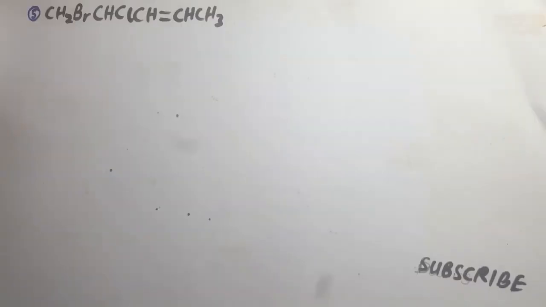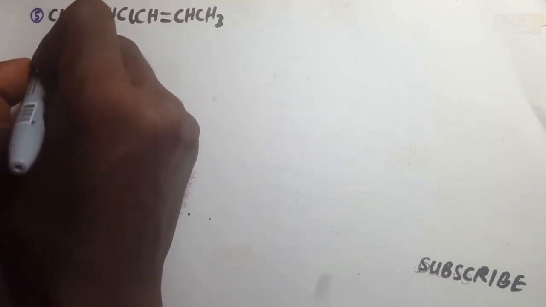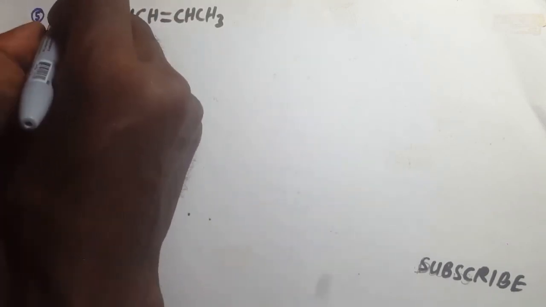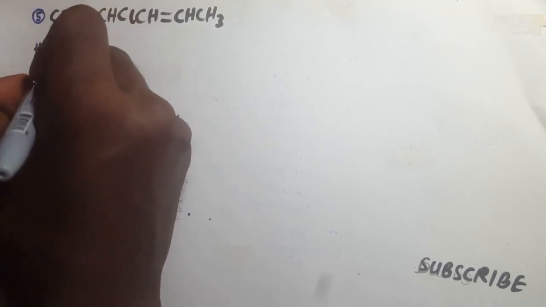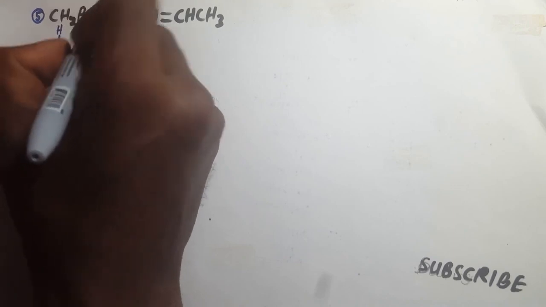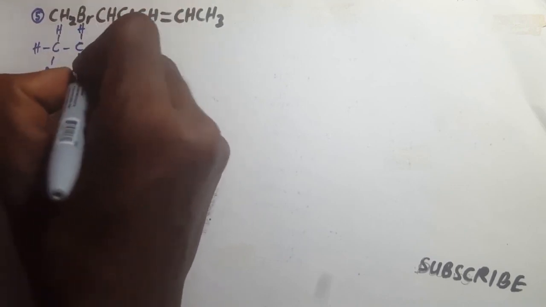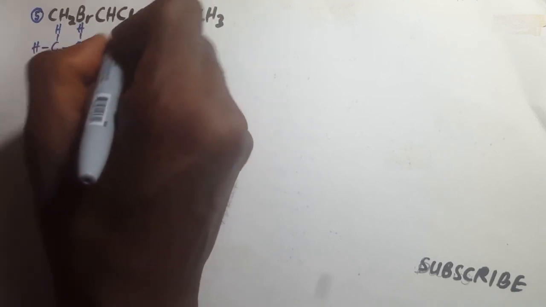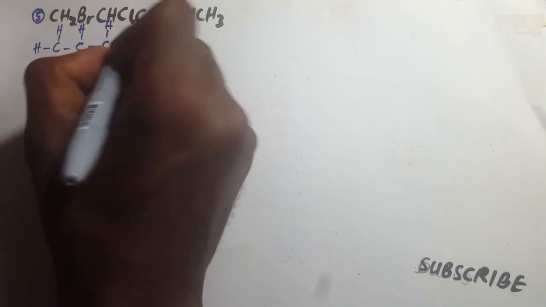So looking at this question, we have the molecular formula, so we write the structure. You have C, then you have 2 H atoms around it. So you must have Br somewhere here. Another C, another H, then with Cl, then C, and then H. You have the double bond here.